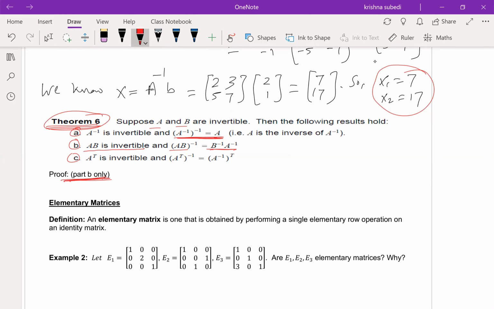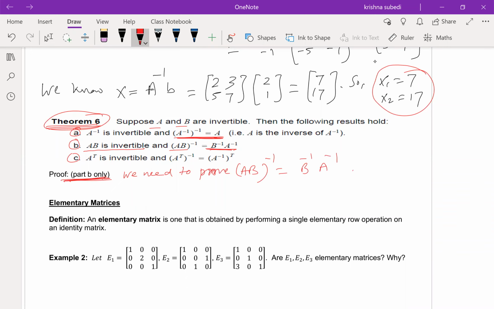AB inverse is B inverse A inverse. What we need to prove here in part B is that the inverse of AB, which is AB inverse, equals B inverse A inverse.